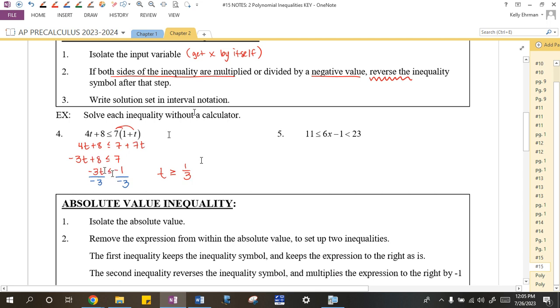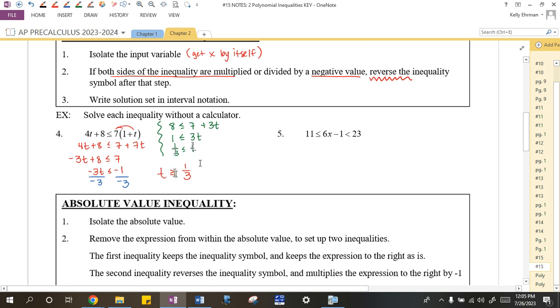Well, the alternative is if I would have moved the t's to the right side, let's just show you this. I would have had this inequality. So I never had to divide by a negative, but see how it comes to the same conclusion? 1/3 is less than or equal to t, or t is greater than or equal to 1/3, I get the same thing.